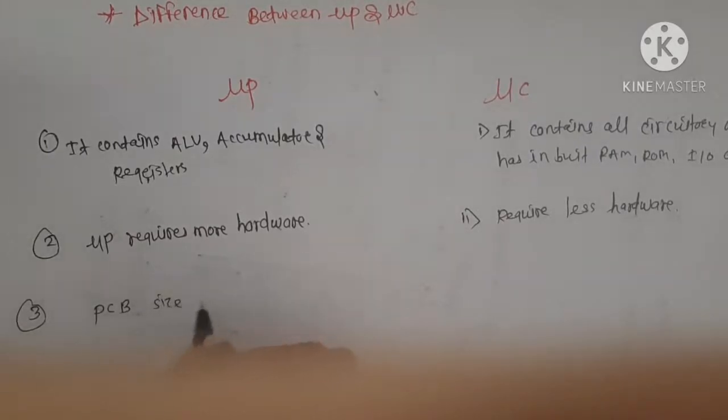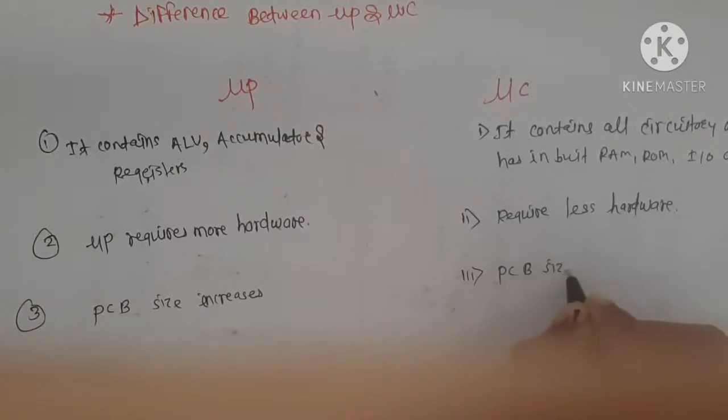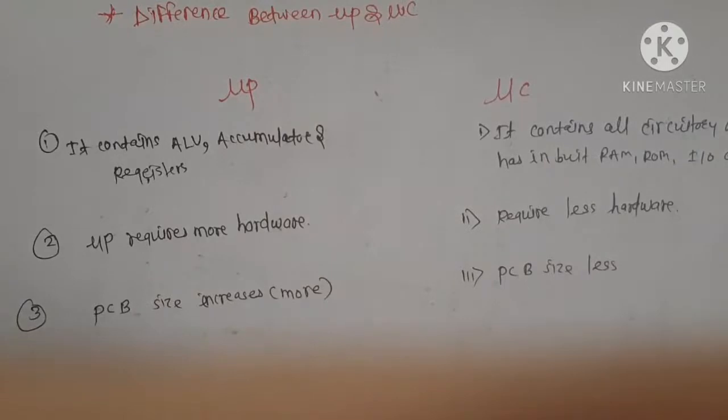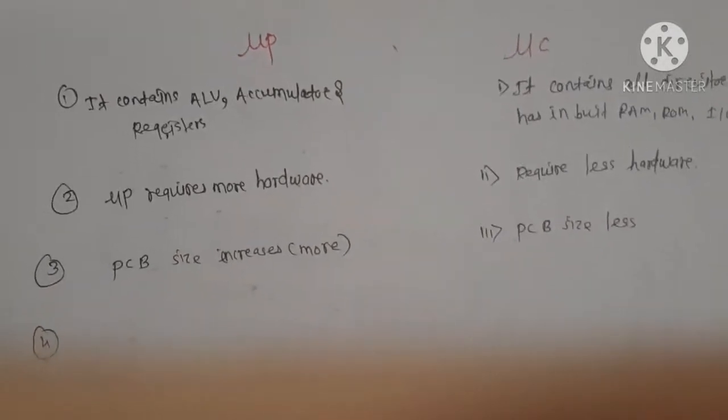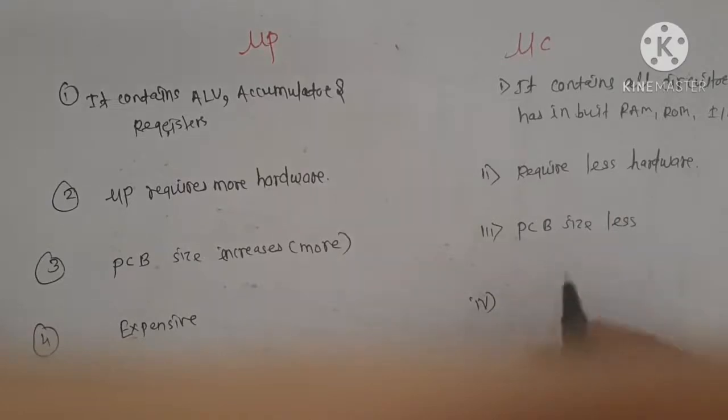In the microcontroller PCB size is less; in the microprocessor its size is more. After that, as we are connecting components externally, its cost is high, so it is expensive. And the microcontroller has all built-in components, so there is no need to connect extra hardware, so the cost is less, that is, it is cheap.